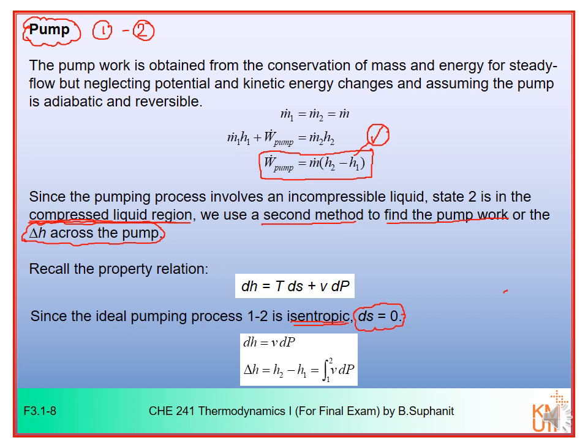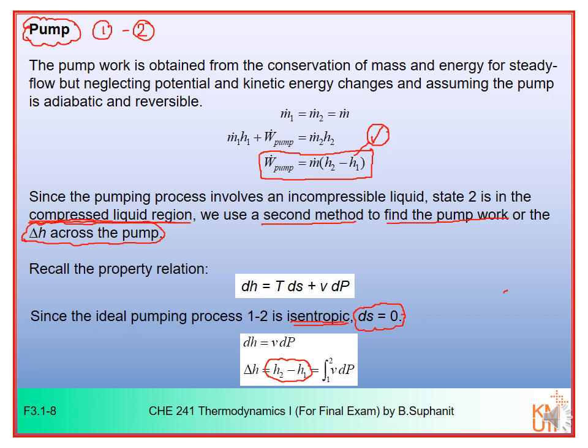If we integrate on both sides from inlet to outlet of the pump, from point 1 to point 2, you will have the enthalpy change H2 minus H1 equal to the integral of V dP from point 1 to point 2.